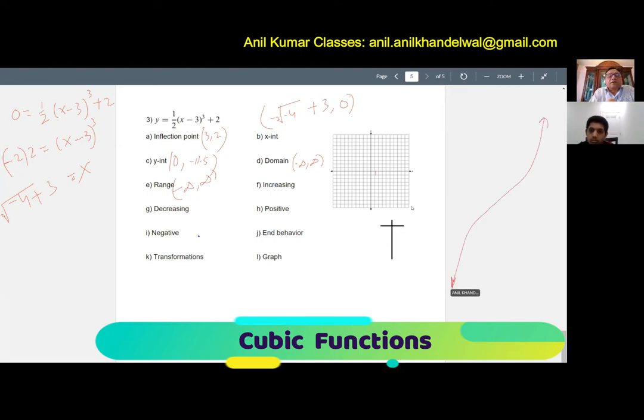And the point of inflection we just identified as (3, 2). The x-intercept is positive, near 3. Y-intercept is at minus 11.5, somewhere here, right?